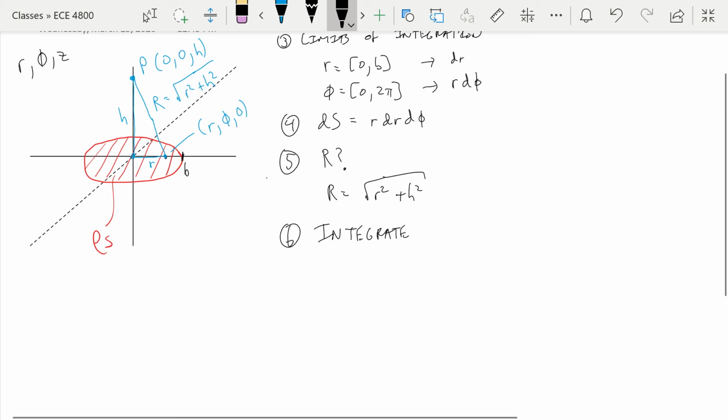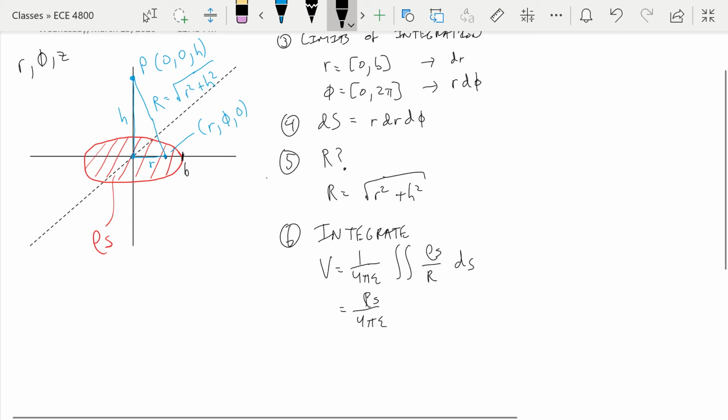Say v is equal to 1 over 4 pi epsilon, the double integral of rho s over r ds. Now, we've already figured out all the major parts of this, so that makes our problem easier now. So it becomes 1 over 4 pi epsilon. And we can move the rho s out because the rho s happens to be constant in this problem. It's a disk of uniform charge.